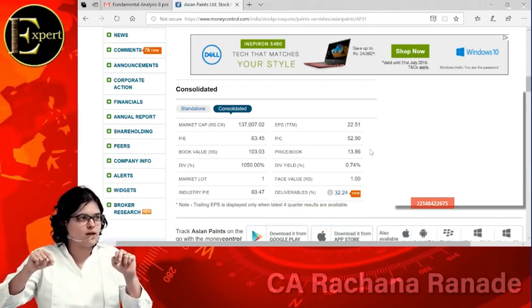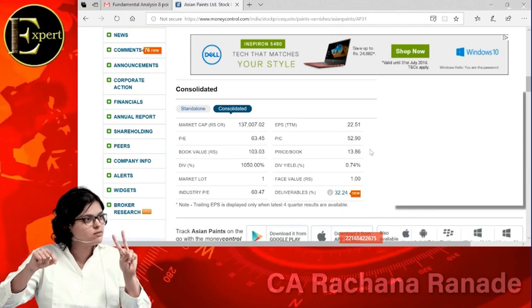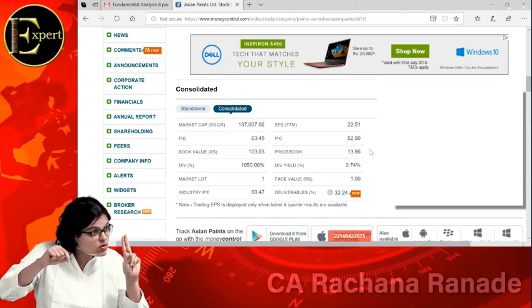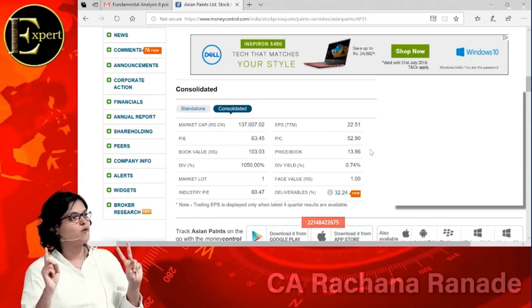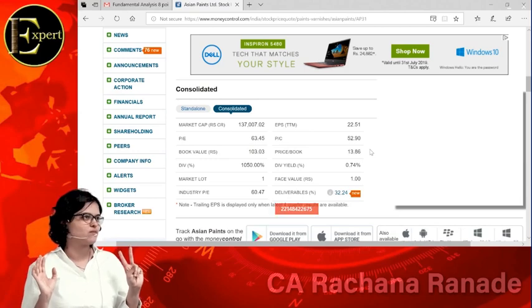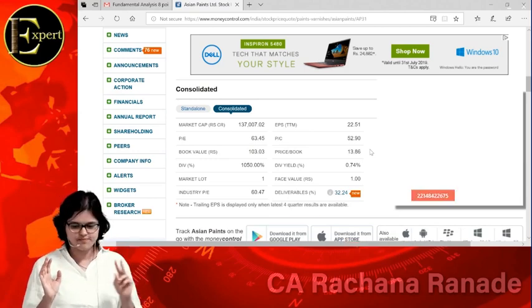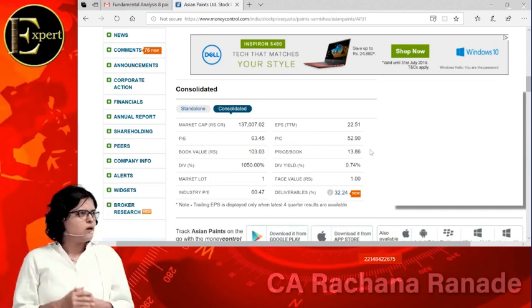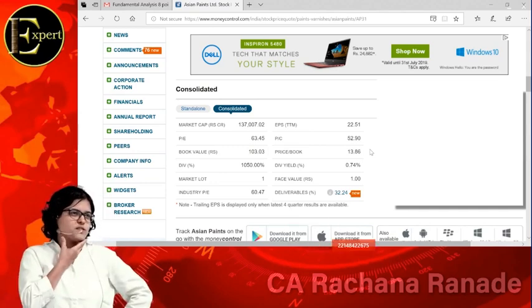Reserves and surplus is, let us say, 1. So what is your book value now? 2. You had invested 1, you got reserves and surplus of rupee 1 for the year, so 2. Now this 2 as compared to the current market value is price to book value. Okay, yes. Normally, in general, is higher stock more expensive or less expensive?